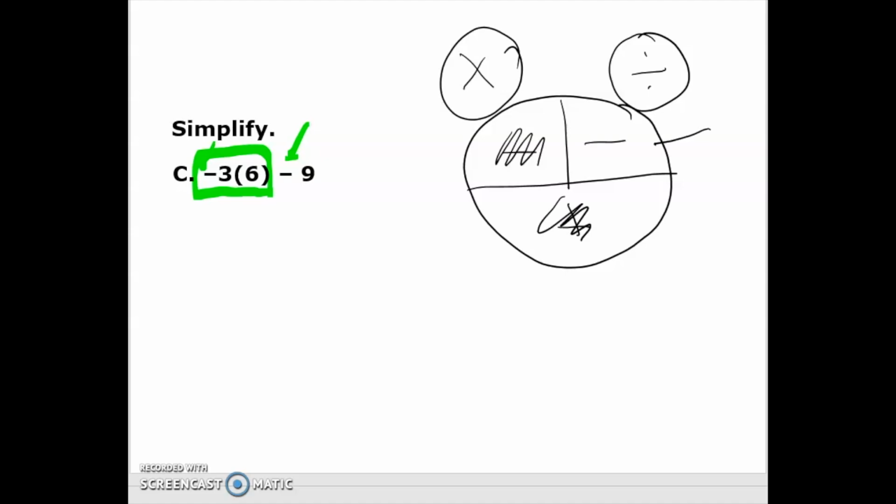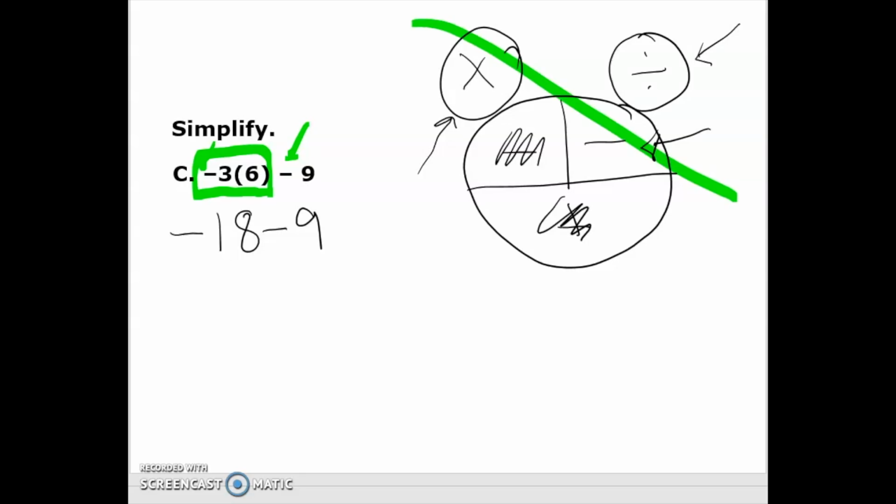So I can see my answer when I multiply will be negative. 3 times 6 is 18. Now, this is where it's really important. This is subtraction. We do not use Mickey Mouse for subtraction. Notice he's only multiplication and division. So at this point, you might want to cross out your Mickey Mouse. Don't use him, don't forget.